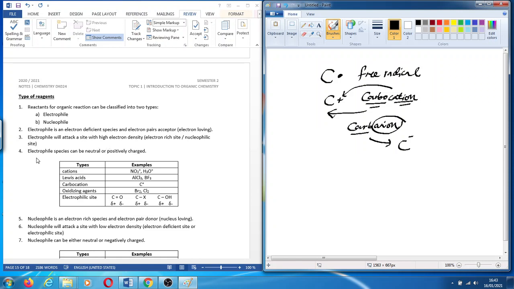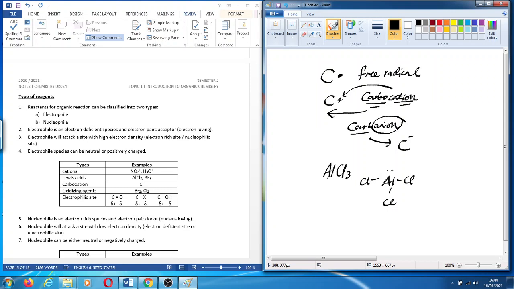Examples of electrophile: cation, positive charge. Or we can look at the Lewis acid. It will have no lone pair at the center atom. Example, we have AlCl3, when we draw the Lewis structure, it will be like this.